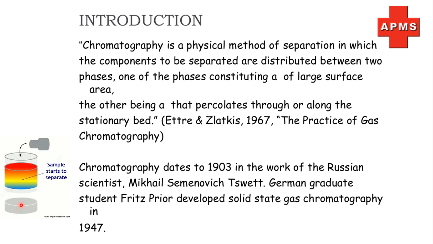In this column the filled phase is the stationary phase. Stationary means which is not mobile, which cannot move, and that is filled in this. Generally that phase is a solid phase, and from the upside we put an eluent, that is, the mixture of compounds that are to be separated.